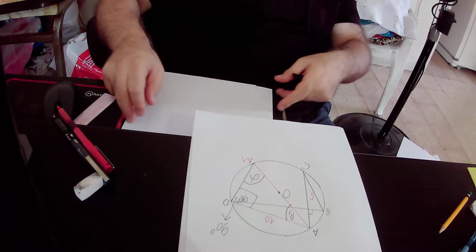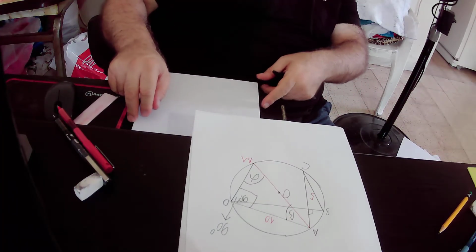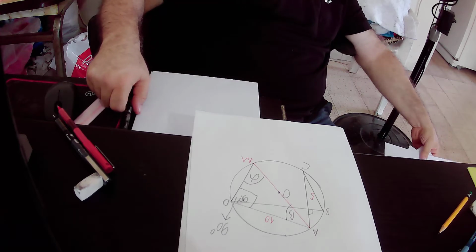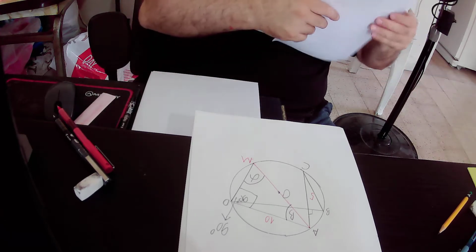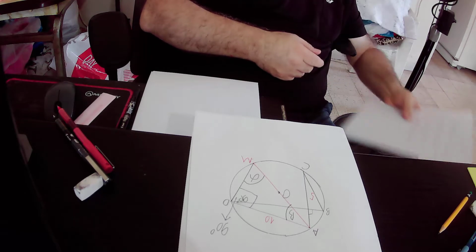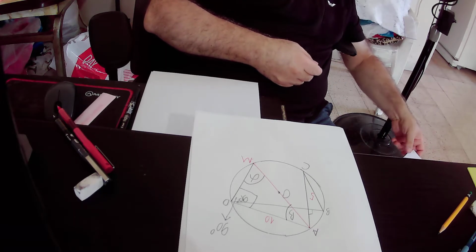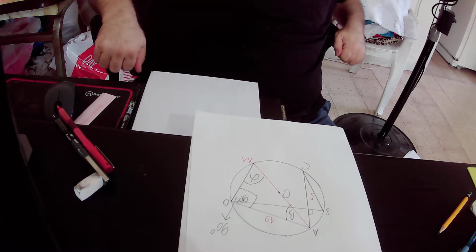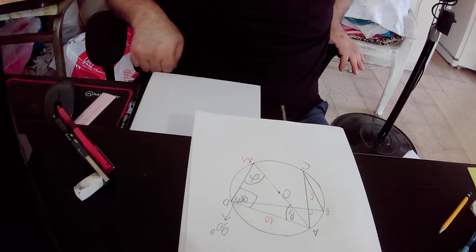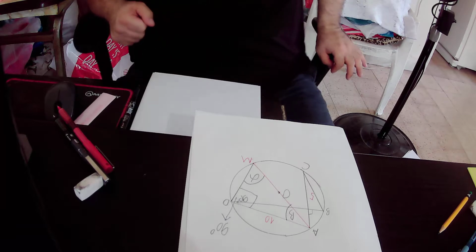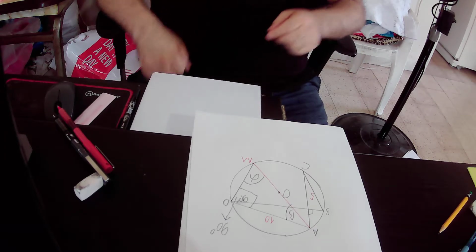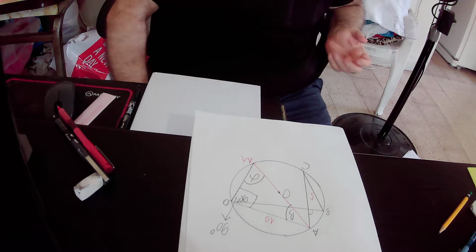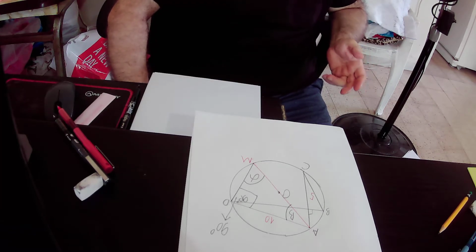We know that the sum of the angles of any triangle equals 180 degrees, and especially in triangle AMD, the sum of its angles equals 180 degrees. So actually alpha plus beta plus 90 degrees equals 180 degrees.